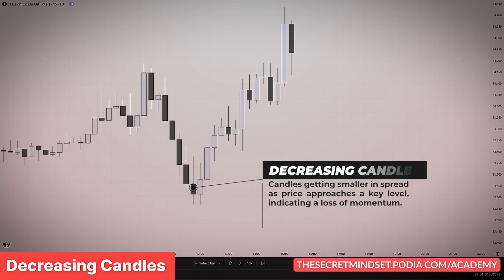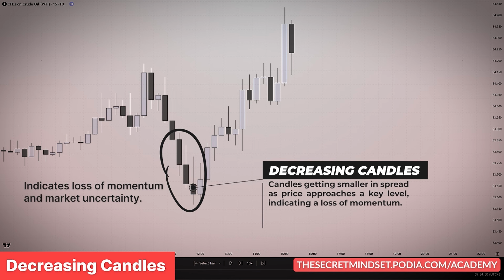As price approaches a key level, you'll notice the candles getting smaller in size. Their spread gets lower and lower. This pattern of successive candles shrinking in size is a clear sign of decreasing candles. Decreasing candles indicate a loss of momentum as prices approach a critical point in the market.